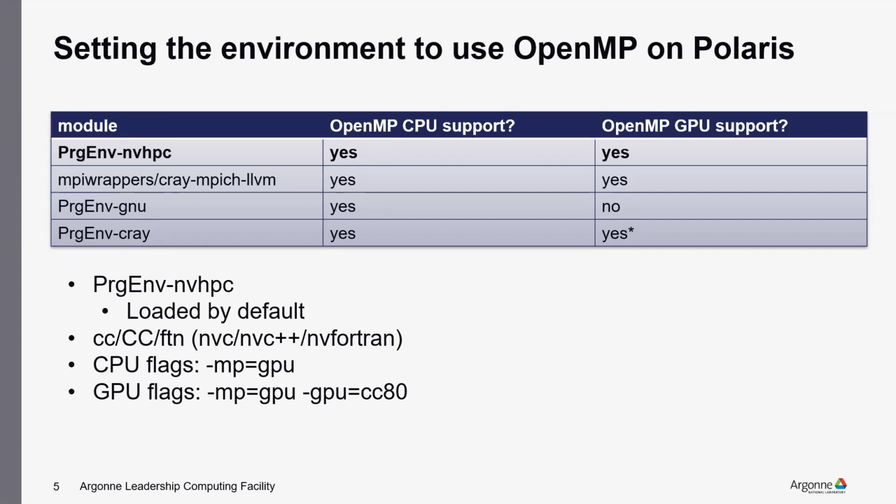It's a bit messy, but if you're lazy, you can just not put -gpu, and the compiler will compile your offload kernel for every generation of NVIDIA GPU that NVIDIA sells. If you don't have a crazy code, you can just leave that.